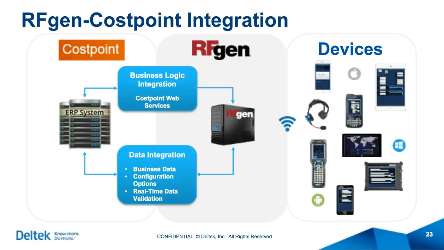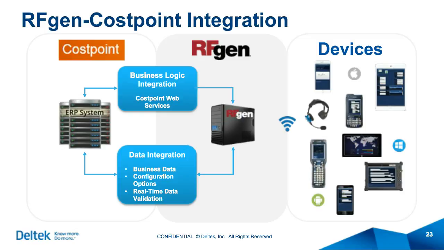So as I'm a worker performing my job, I'm receiving, I'm shipping, I'm working in a manufacturing environment, I'm sending information back to Costpoint, and I'm actually going through the RFgen server. And RFgen, in return, talks to Costpoint. And we're using the business logic that Costpoint wants us to. We're using the Costpoint web services environment.